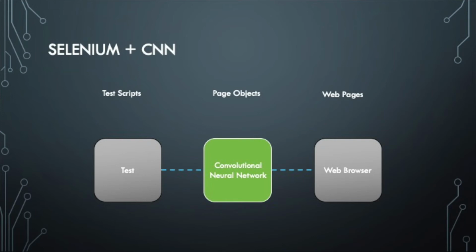So in our test scripts, we would pass our label to the page object class that now contains the convolutional neural network. And then we have our web page layer, which is our application under test, where we execute our tests. So you can see here the main difference from the previous architecture is that we now only have one page object class that contains the convolutional neural network.